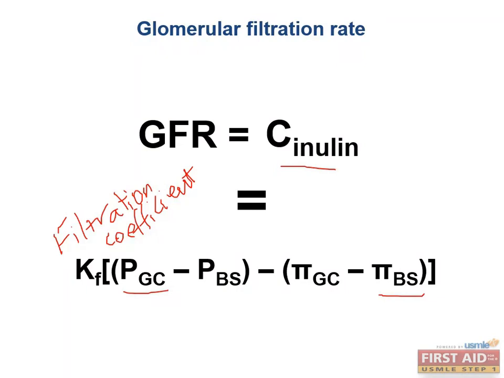PGC is the hydrostatic pressure inside the glomerulus, and pi BS is the oncotic pressure inside Bowman space, the area just outside the glomerular capillaries. And of course, increasing PBS, the hydrostatic pressure inside Bowman space, or pi GC, the oncotic pressure inside the glomerular capillaries, would decrease GFR. So let's do an example calculation to test our knowledge of clearance and GFR.